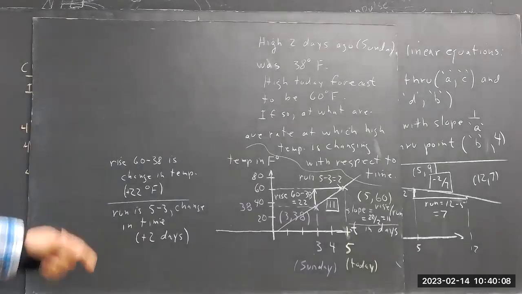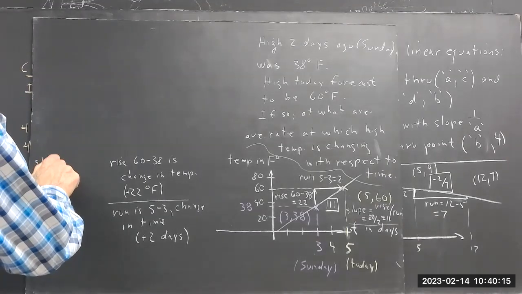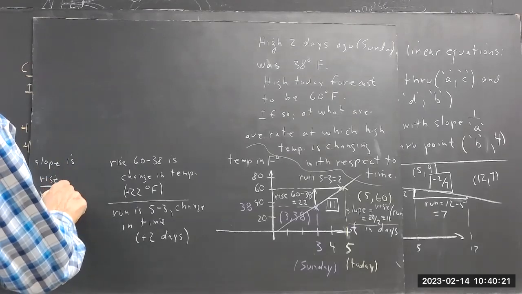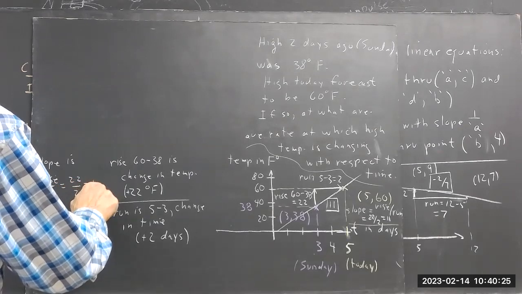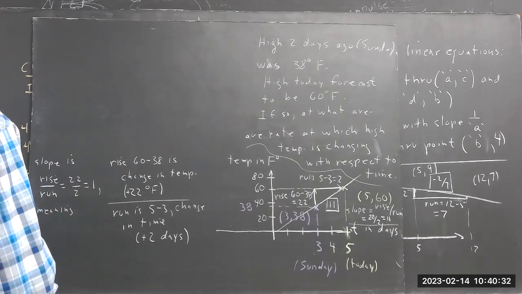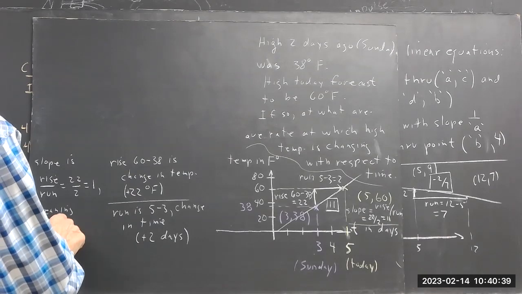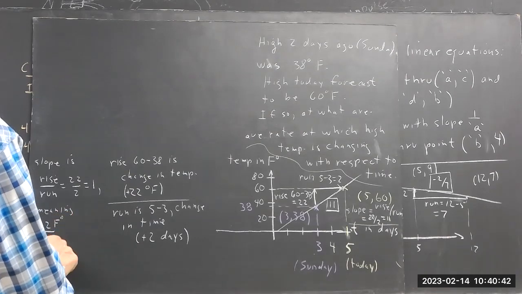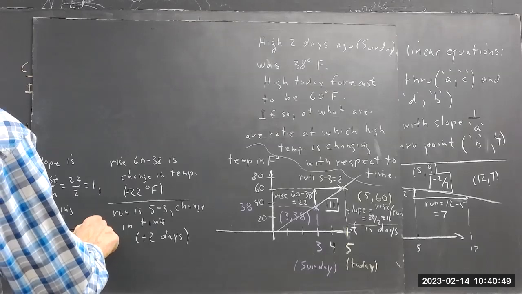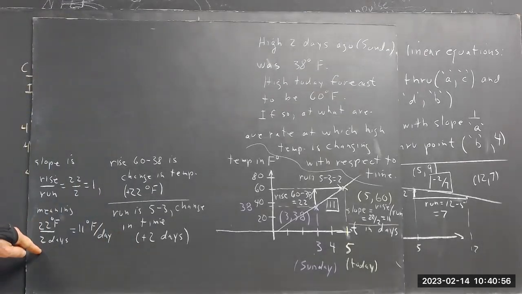The temperature went up by 22 degrees Fahrenheit. The change in time is plus 2 days. So the slope is 22 degrees Fahrenheit over 2 days.